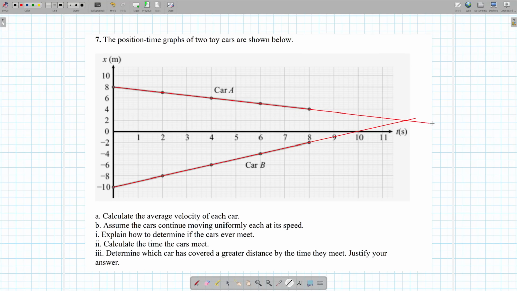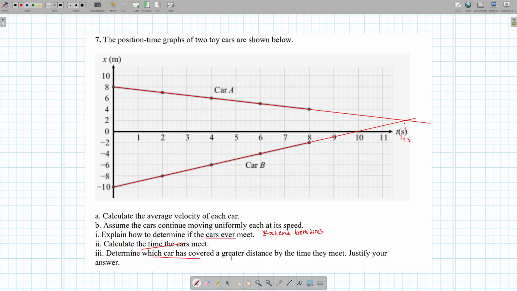But at what time? To explain how to determine if the cars ever meet, just extend both lines and see if they intersect. I'm not going to write it all out. Calculate the time: it's over here at 12 seconds.